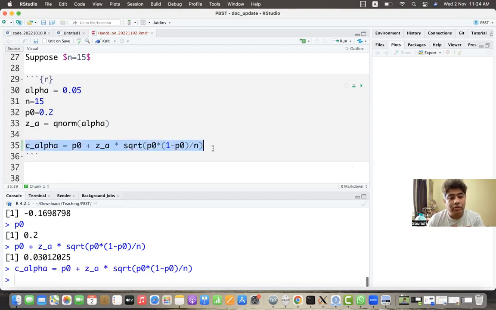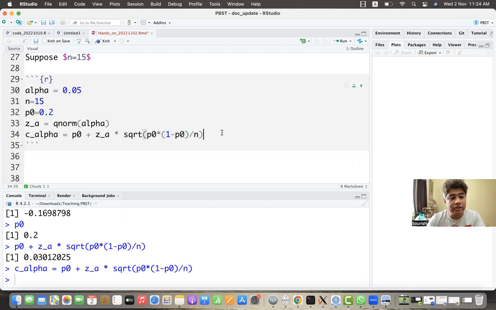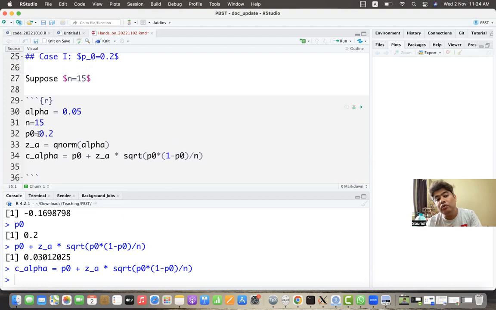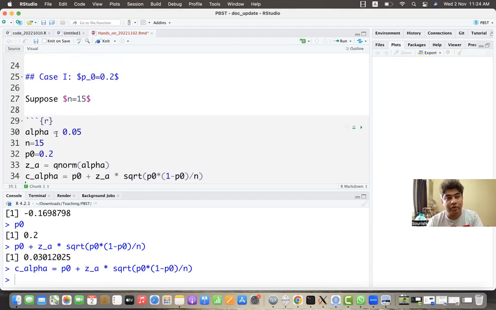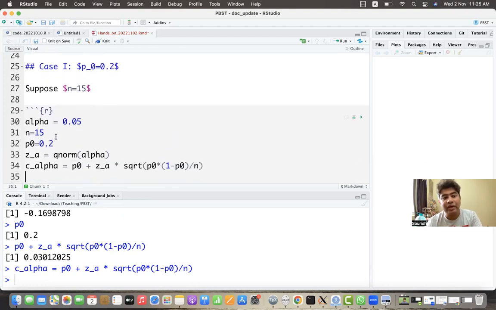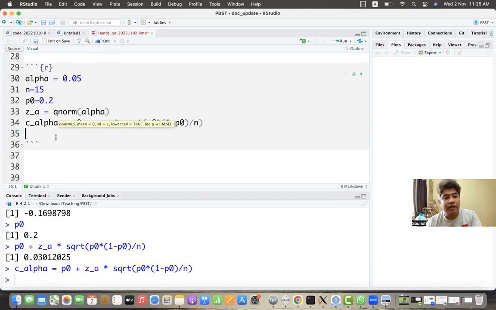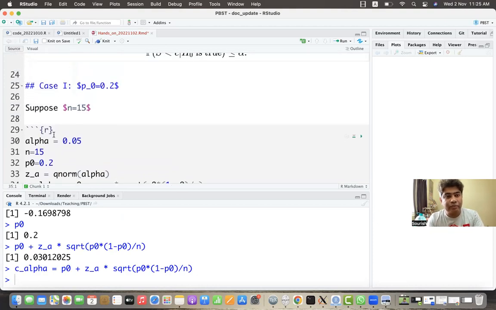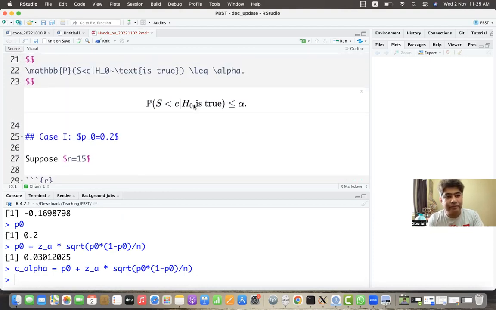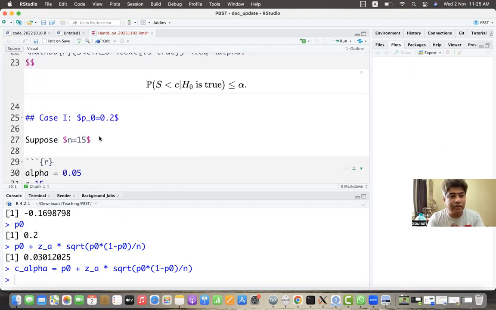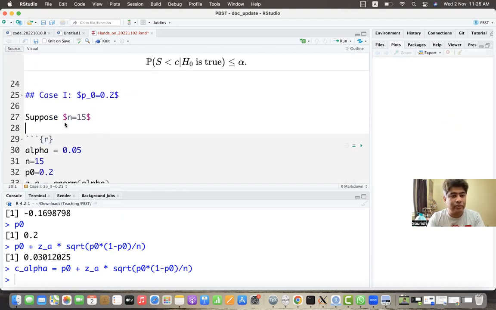So C alpha is turning out to be 0.03. So my P naught is 0.2, that is 20%. I'm doing a test for 20%. So unless P hat is less than C alpha, this is for case one.